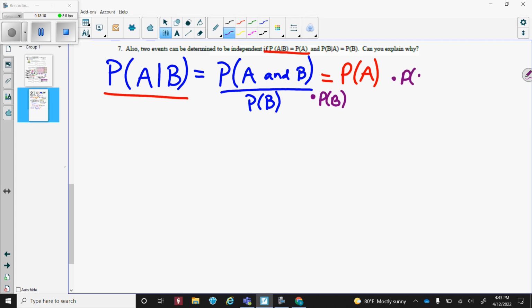And I am going to focus pretty exclusively on these right 2 equations here. When I multiply by the probability of B, this one on top and this one on bottom are going to cancel, and I'm going to be left with the probability of A and B, and that's just an interesting way to write the and symbol.